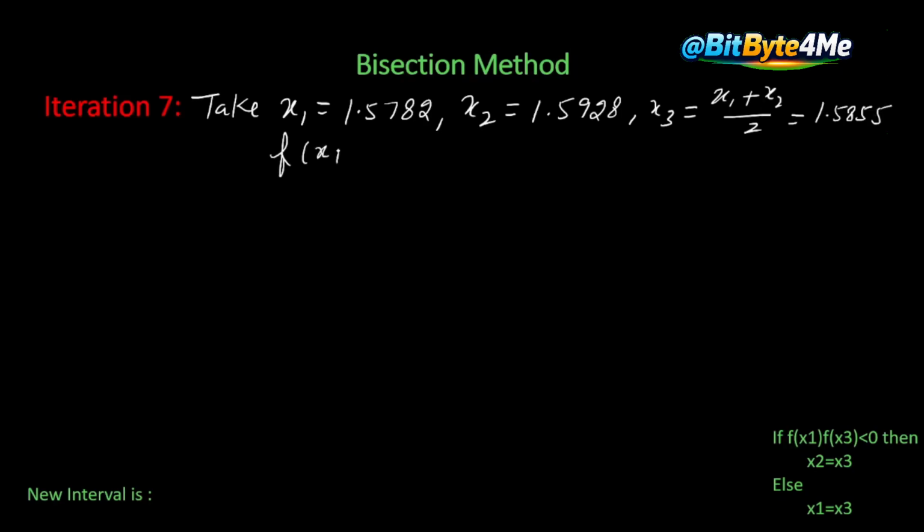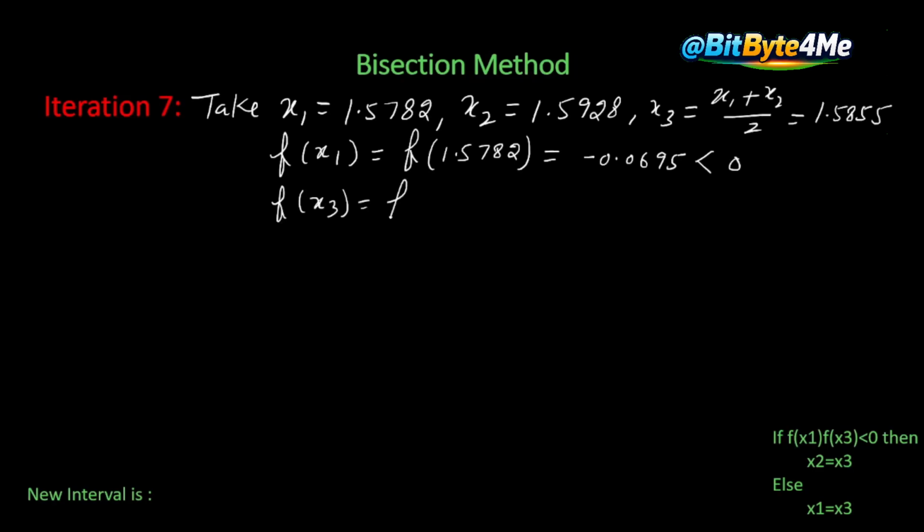So f of x1 is f of 1.5782. Taking from the previous iteration, it is minus 0.0695, which is less than 0, and f of x3 is equal to f of 1.5855, which is equal to 1.5855 cube minus 4, which is equal to minus 0.0144, which is also less than 0.